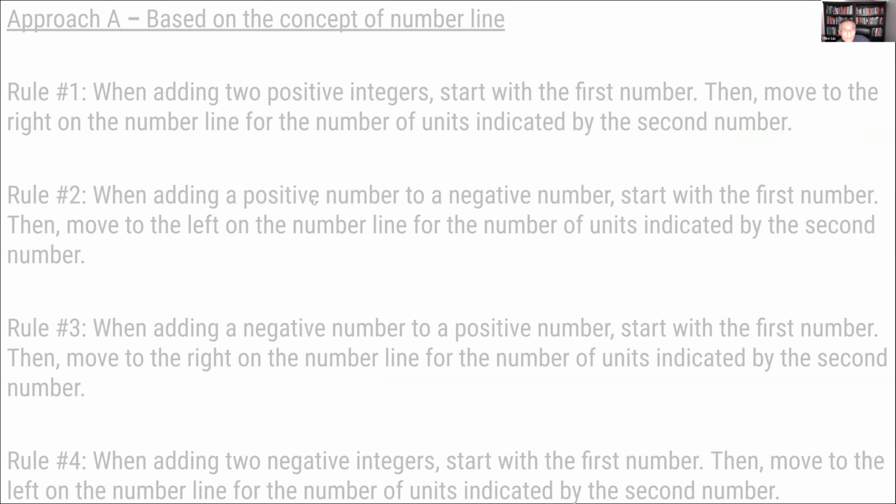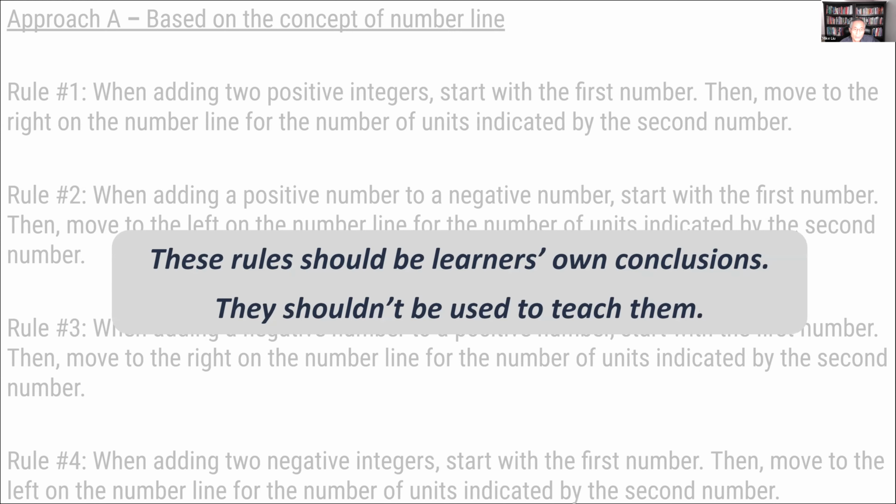Or when I have a raised tally mark or a recess, this is what's going to happen. Just based on that modeling, kids can form a mental image. So they can come up with the rule on their own. So basically, all of those rules we're trying to teach should be the learner's own conclusion.